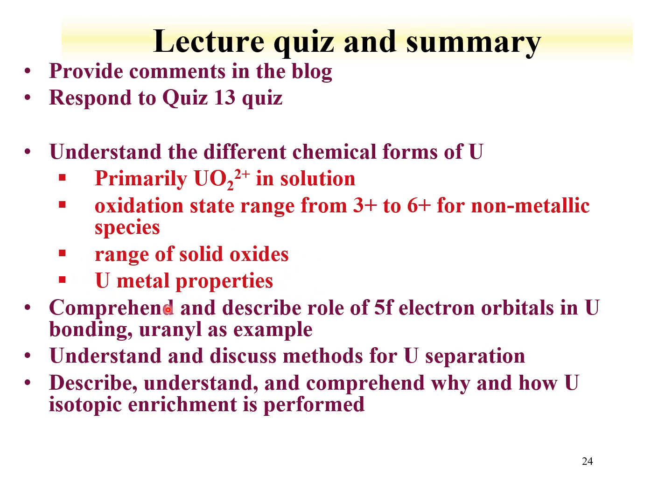You should be familiar with the metal properties of uranium, the types of compounds that can be made, intermetallic, solid solutions, and understand how to utilize phase diagram information to determine some properties of uranium metal compounds. You should comprehend and describe the role of 5f electrons in uranium bonding with uranyl as an example. The molecular orbital diagram that was presented in the lecture should be a primary source.